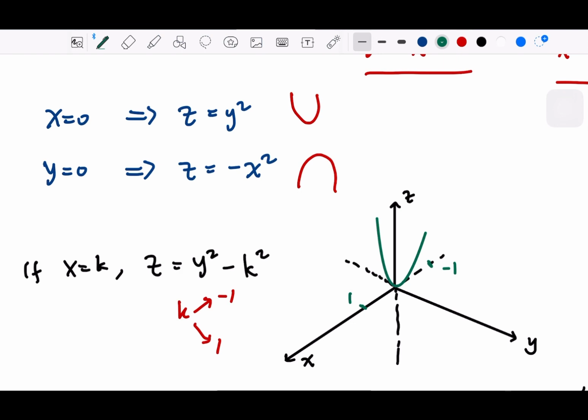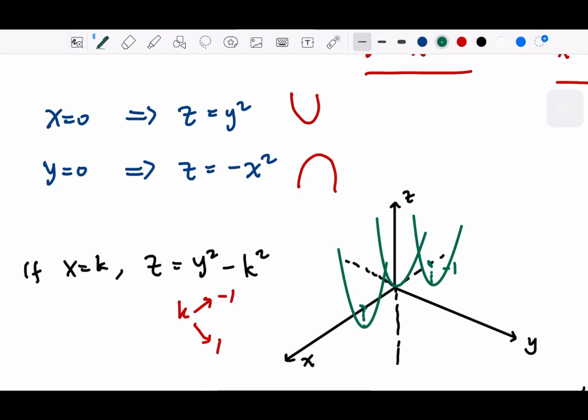So at negative 1 here, we are going to take this downside and this downside.